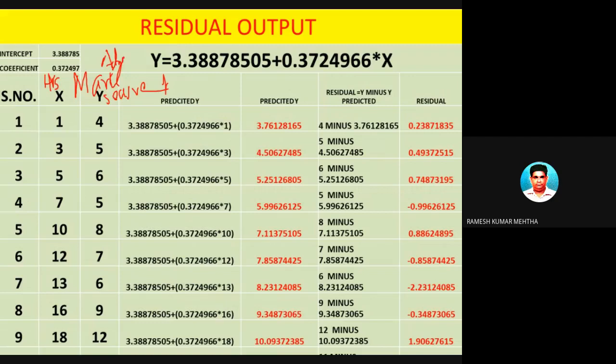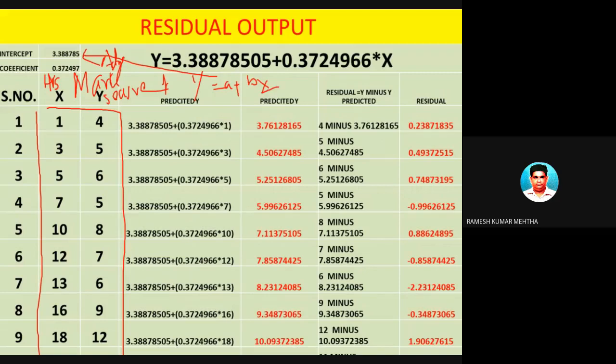And when we ran regression in Excel on this particular data, we got an equation y is equal to a plus bx, and the value of a is 3.388785, number one, and the value of b, that is the regression coefficient of x on y, is 0.3724.